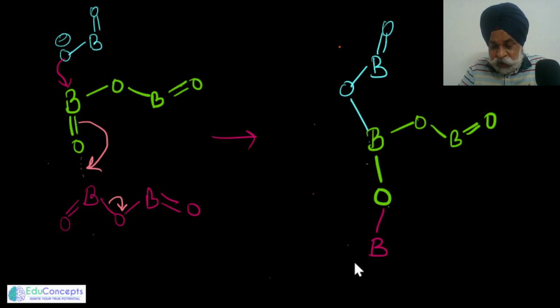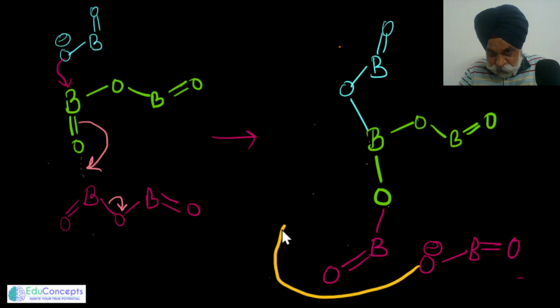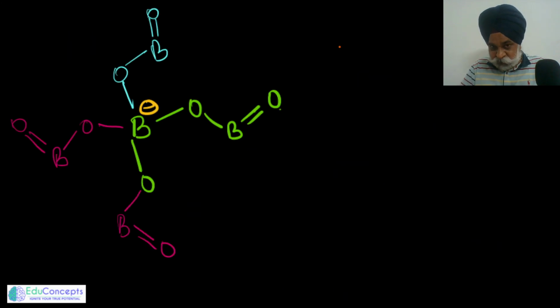And this got detached from here. Now if I attack this, because this boron can get this negative charge, since you have to keep one negative charge on the entire molecule. So this is what I am referring to.